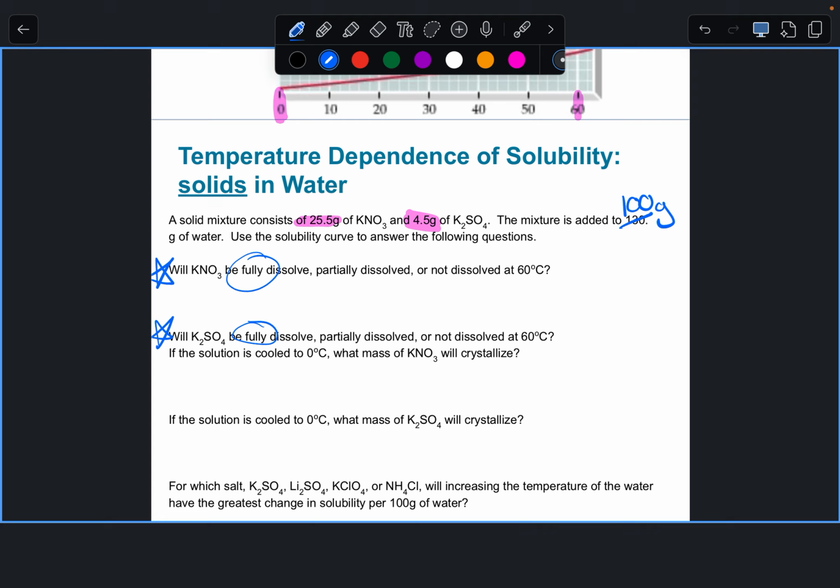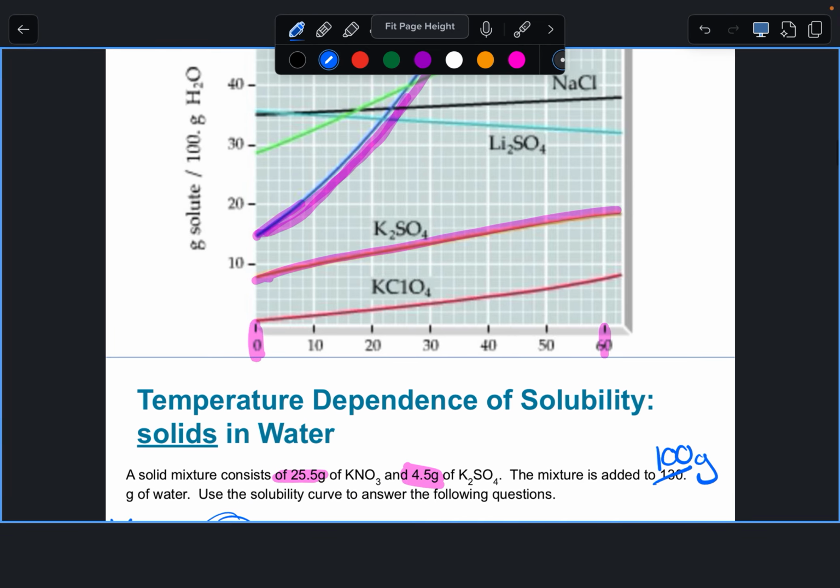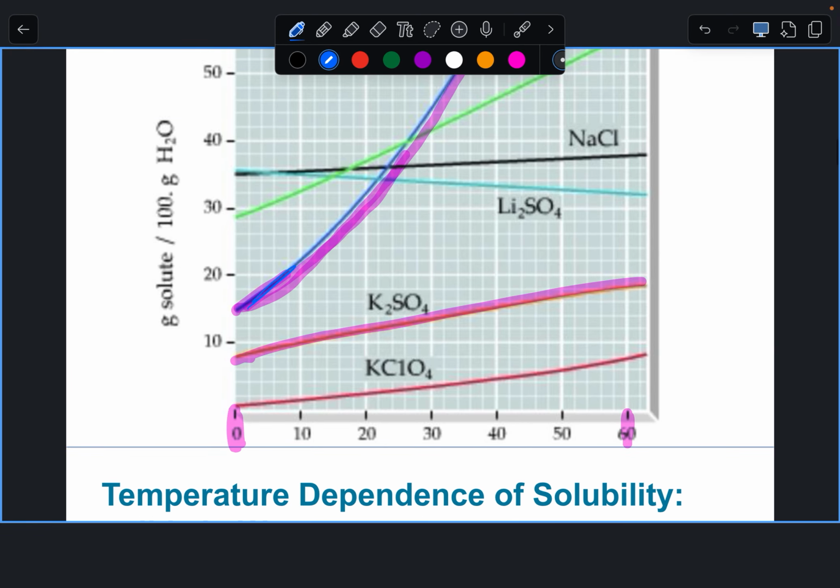Okay, so potassium nitrate, which was the 25.5 grams. So that's this curve up here. If we come down at 0 degrees Celsius, it looks like only 15 grams can dissolve at 0 degrees Celsius. And I had 25.5 in there.